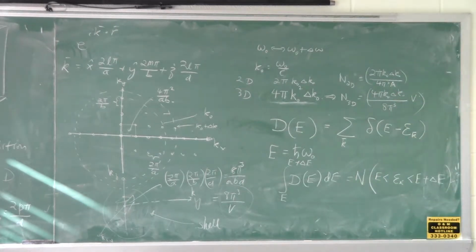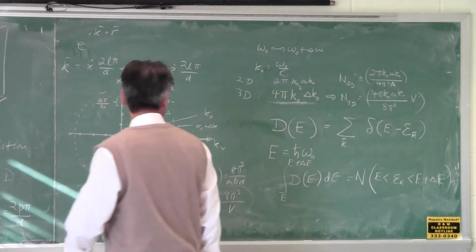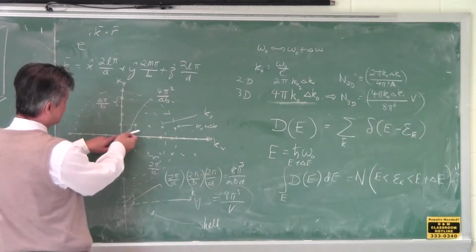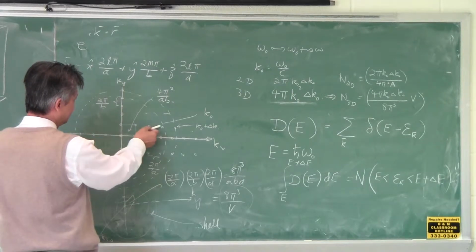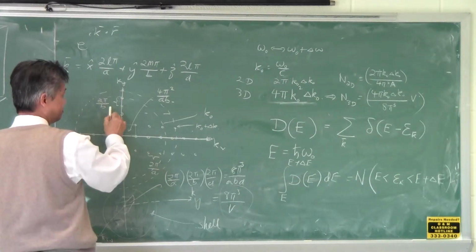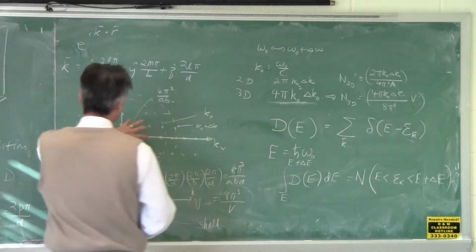Okay. And the reason why this works is because this E sub k will have many, many possible values. Like in 2 dimensions, my k vector can point in any direction. And of course, when you pick a k vector, E sub k is the corresponding energy value.